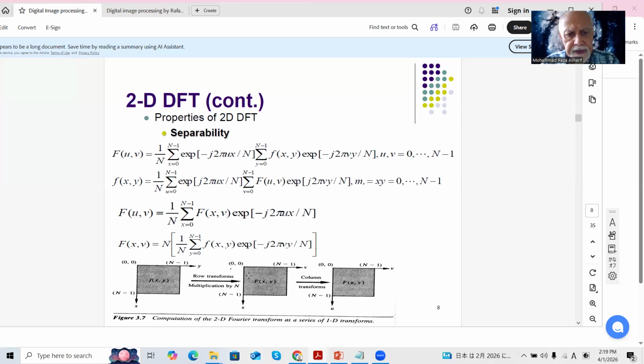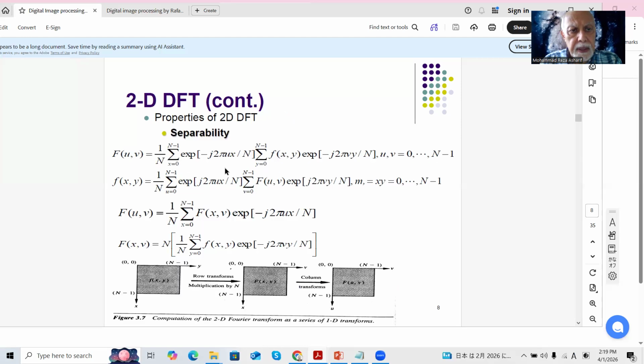So first we take the horizontal transform, and then we take the vertical transform. So it is a separable transform.